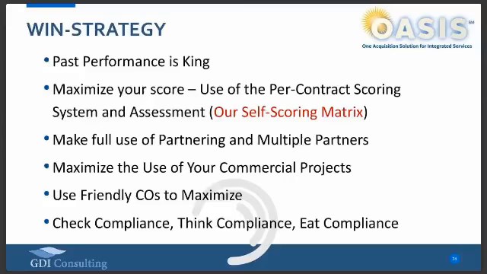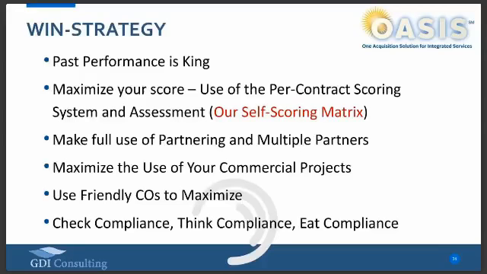Then the win strategy, maximizing your score. Now, to maximize your score, you need to know which contracts to use. We have a self-scoring matrix I'll show you in a minute that helps us understand, out of, say, 10, 8, or however many contracts our client has, which one will, at the end, give us the highest score.